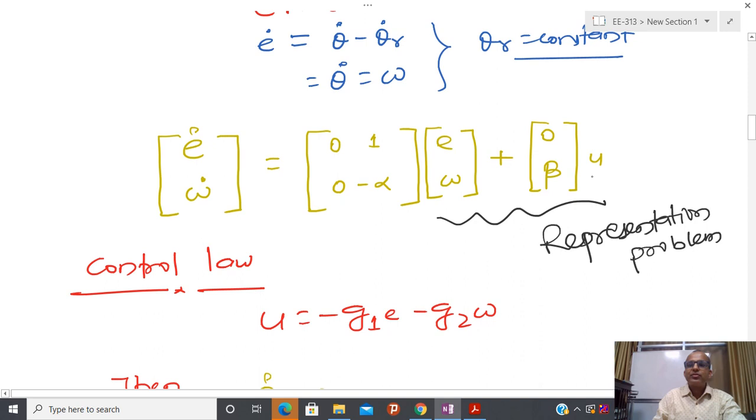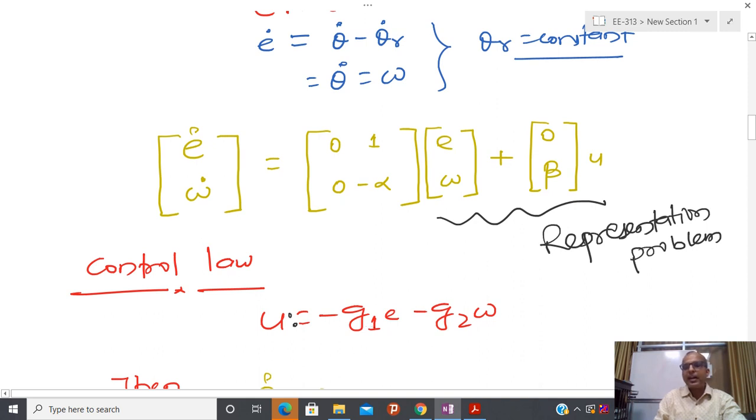Now since I have information of the error, because I know my reference position theta r, I am going to give some kind of feedback G1 and G2 in terms of G1e and G2 omega. So I am going to give some kind of state feedback. This is called a state feedback based controller. So I have defined it like this.